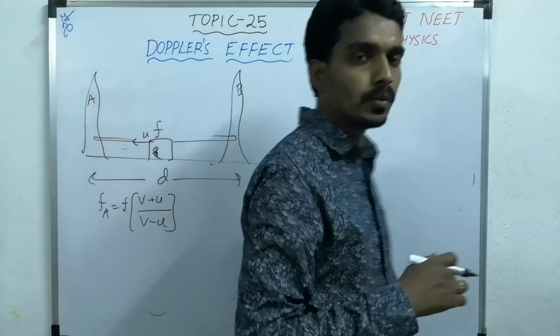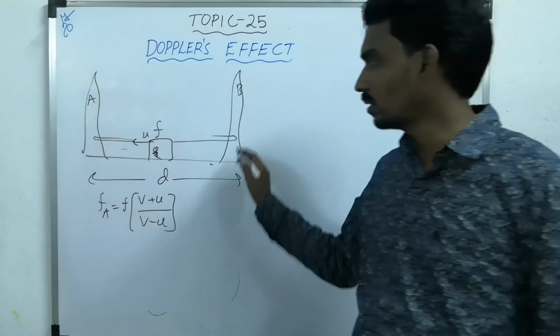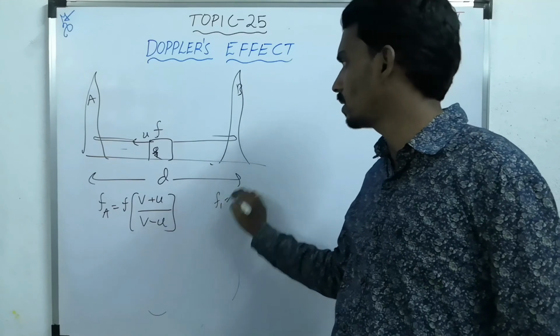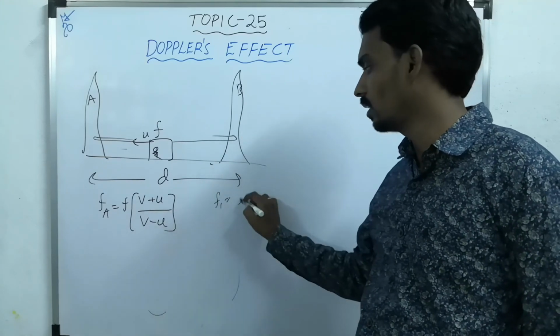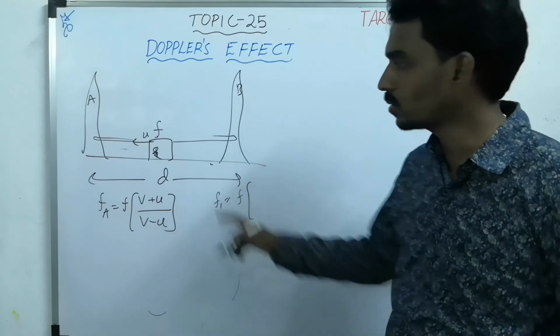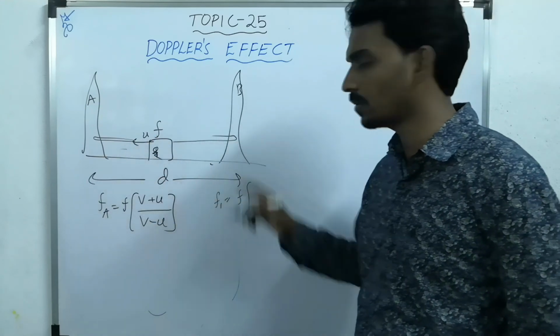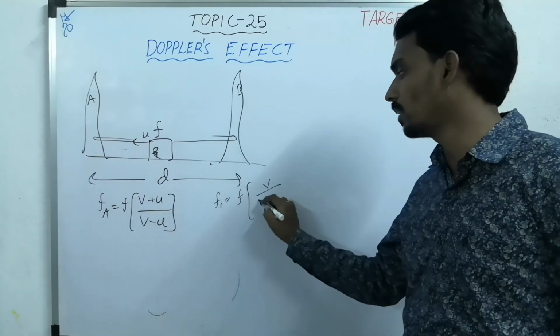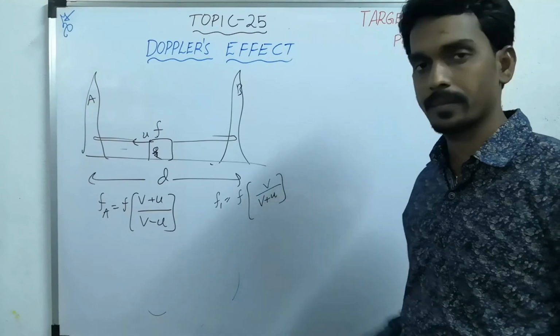Now the source is moving away. So the first frequency received by this one is the original frequency times, source moving away and observer at rest, V by V plus U.